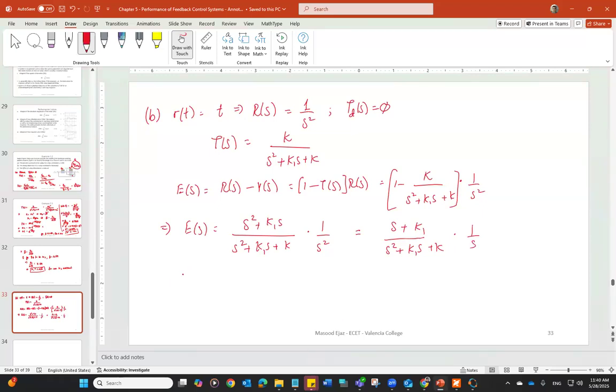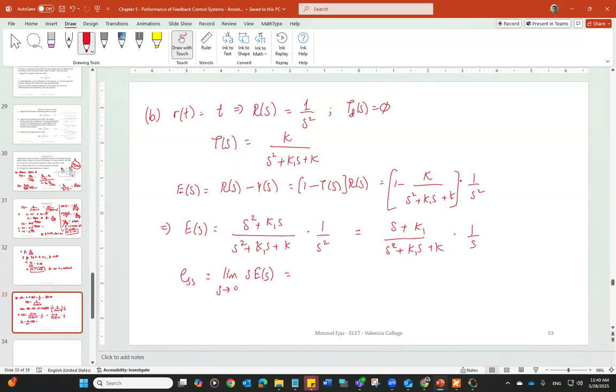Therefore, the steady state error using the final value theorem is the limit as s tends to 0 of S times Es. Again, this S and this S will cancel out when I put Es over here. So I will be left with this term. And when I put S equal to 0, all the S variables will become 0.